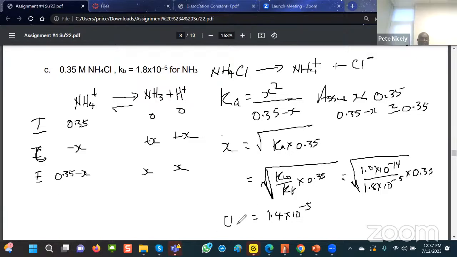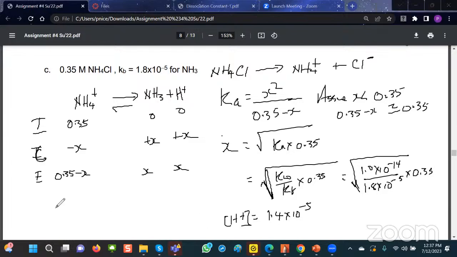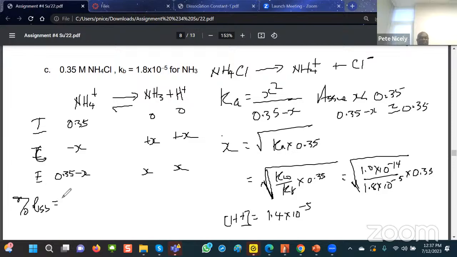Okay, then you have to do the percent dissociation to confirm it, which is equal to 1.4 times 10 to the minus 5 M divided by 0.35. And again, I think this is going to be less than 5%. Let me do that now.